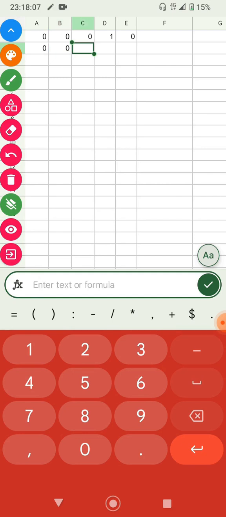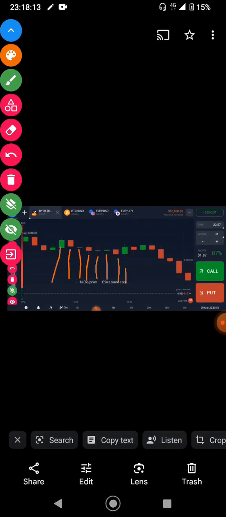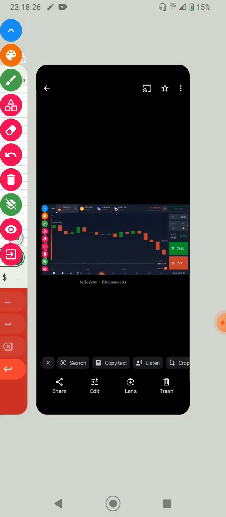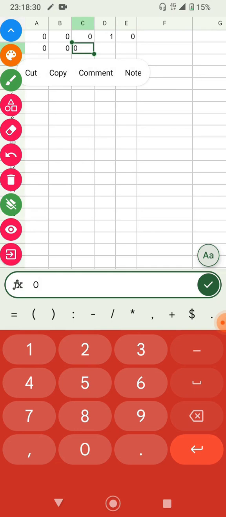Go to column C. Column C, our first trade on column C was a loss. So again, $3 on that one. Our reference candle being green, so the next trade should be a call. As you can see, it didn't go to the upside, so that's another loss. So we represent this with a 0.